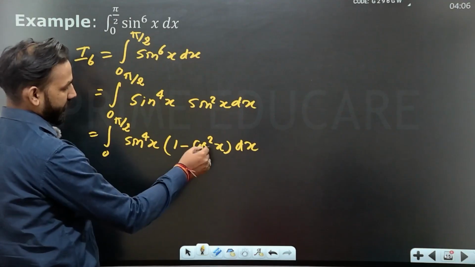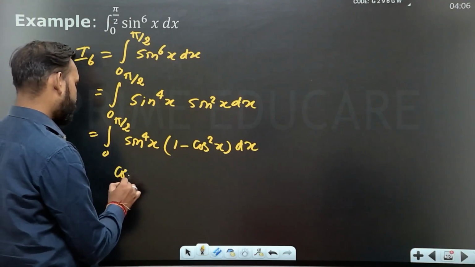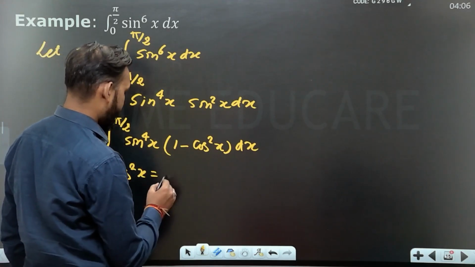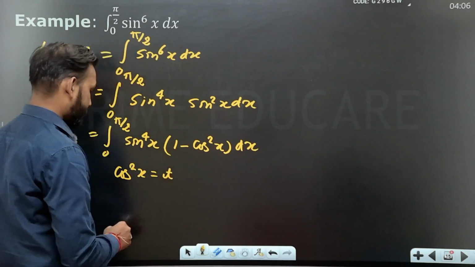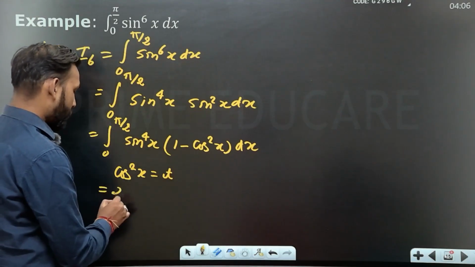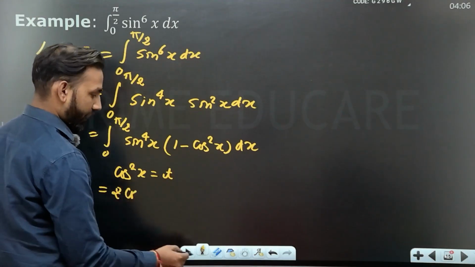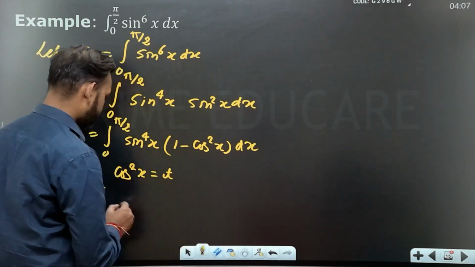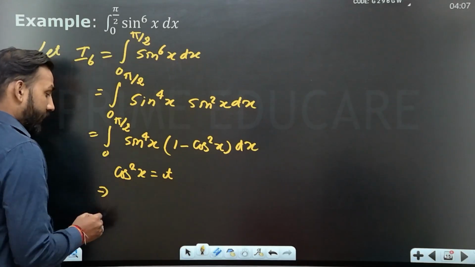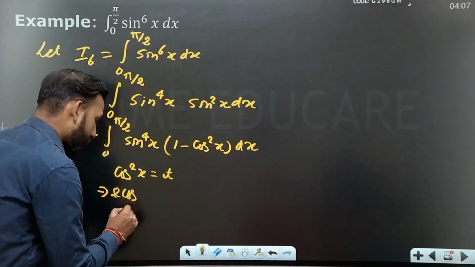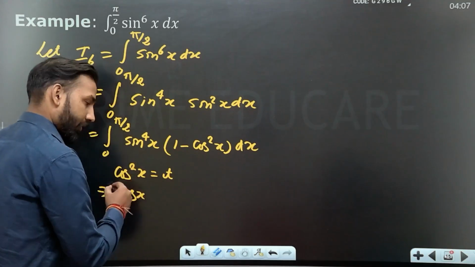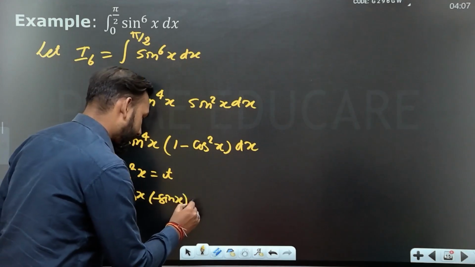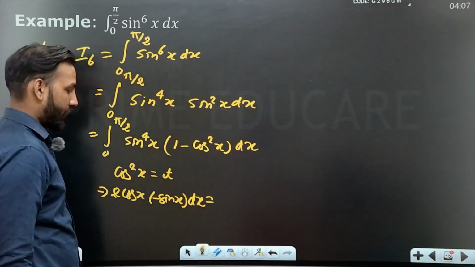If we put cos square x equal to t, then differentiating this thing, we get 2 cos x times minus sin x dx equal to dt.